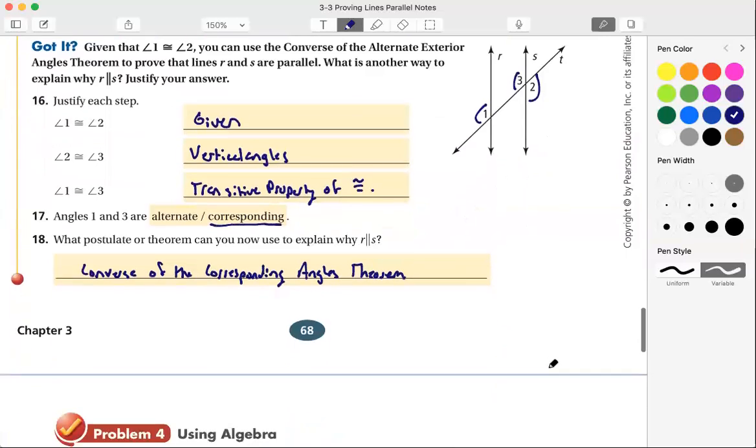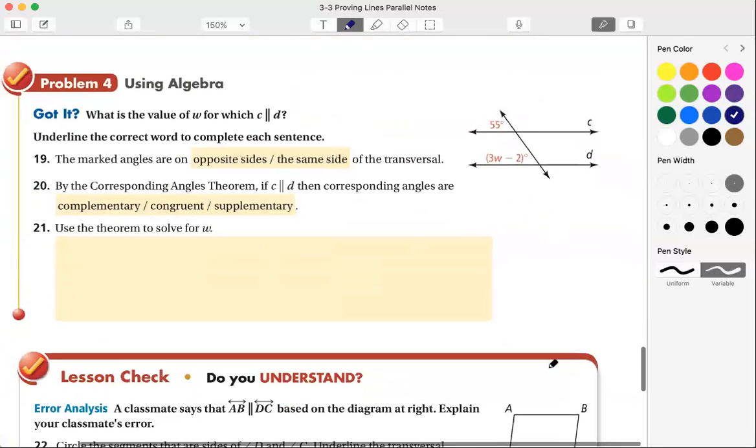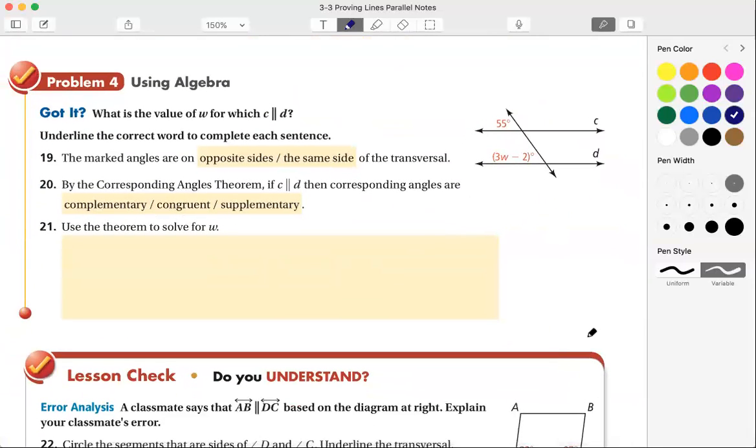Okay, now let's see if I can do this using some algebra. The marked angles are on the same side of the transversal. By the corresponding angles theorem, if I knew C and D were parallel, then the corresponding angles would have to be congruent.